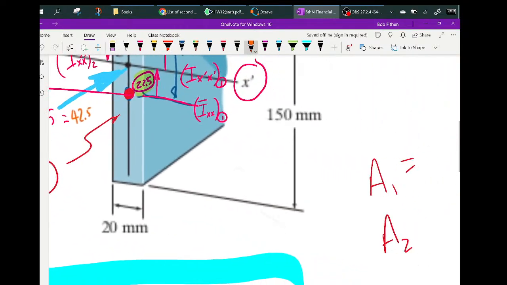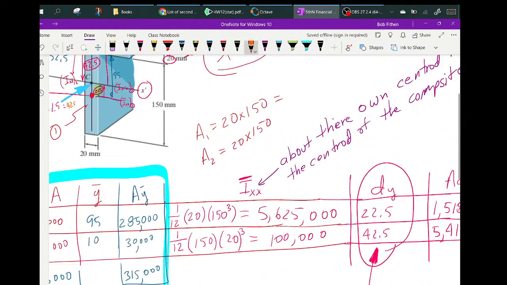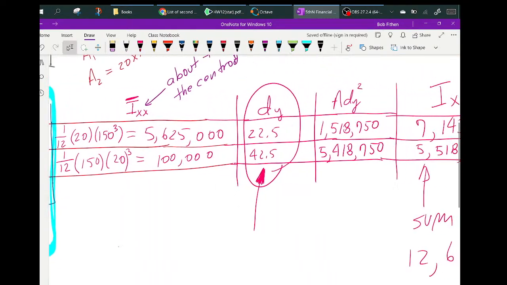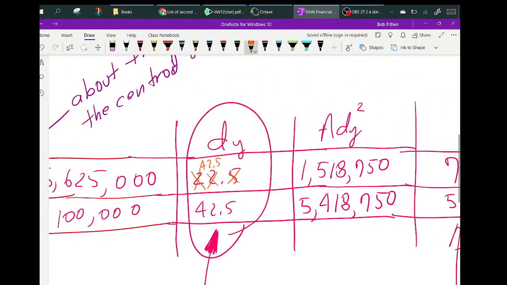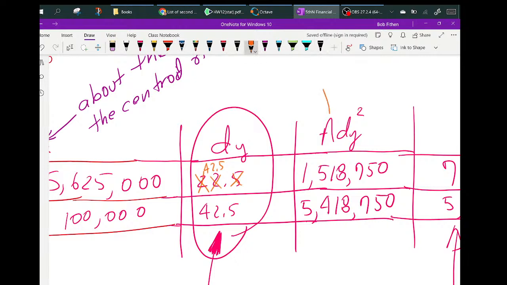Now, let's go back and say X, and then we'll say 42.5. Well, guess what? Since the area is the same, and these now are the same, tell you what I'll do.